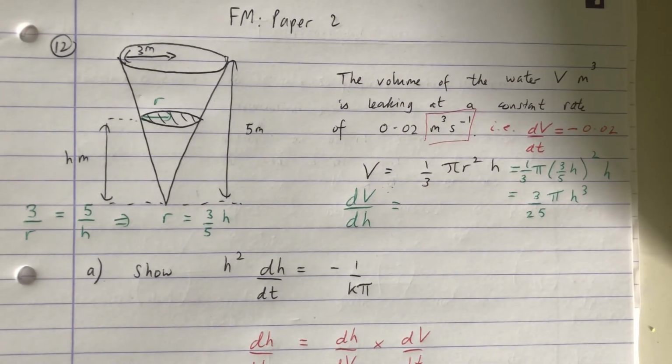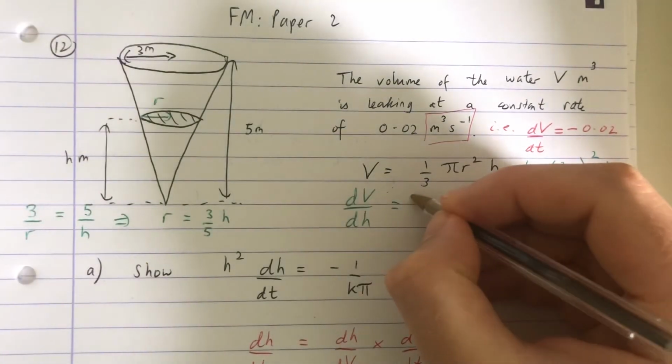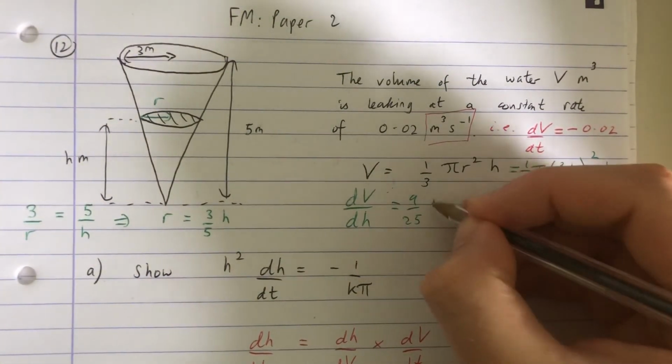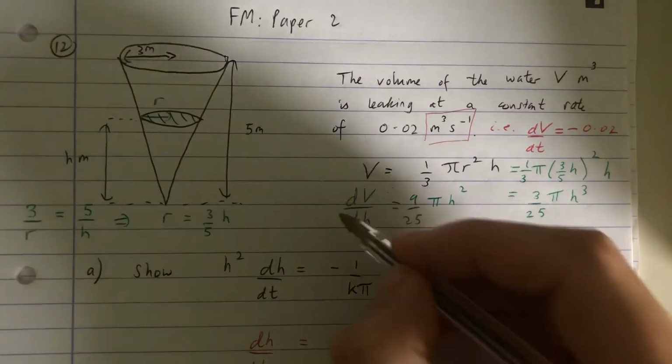I believe if you expanded that, and then we can work out dV by dh, and dV by dh would be 9/25 pi h squared.